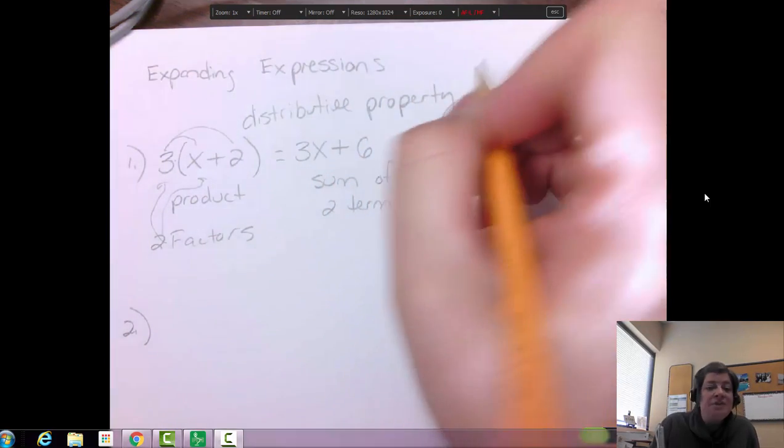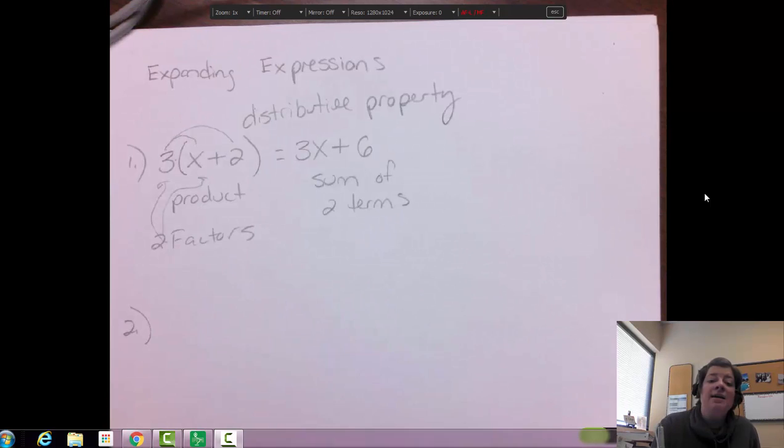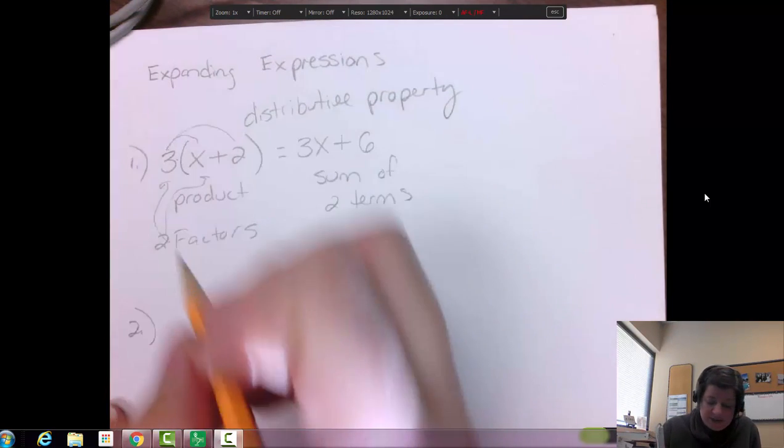I have seen it called the distributive law before as well. We're going to use this every year. Maybe your first time seeing this was a little in 6th grade with just numbers, but now we're throwing in that letter. So let's do a bunch more so you can see some different examples.